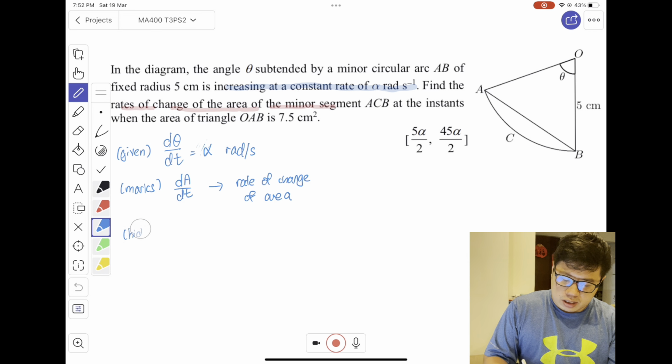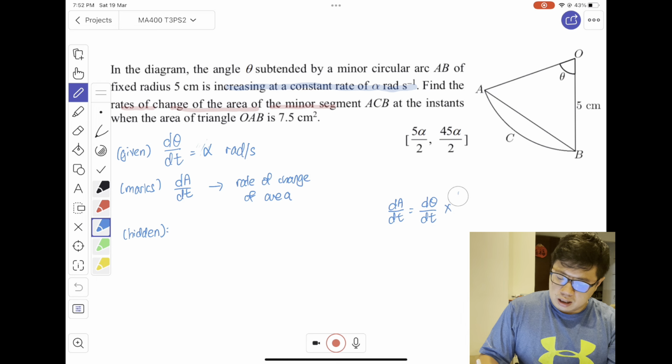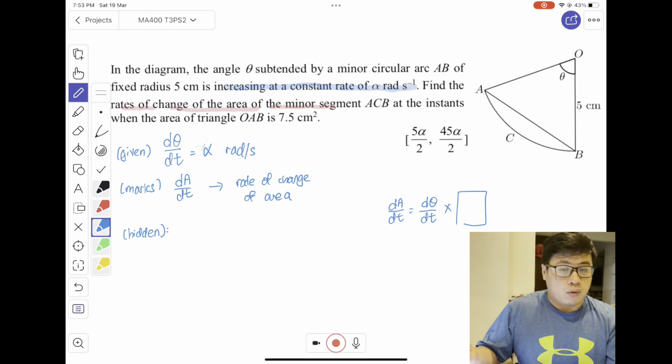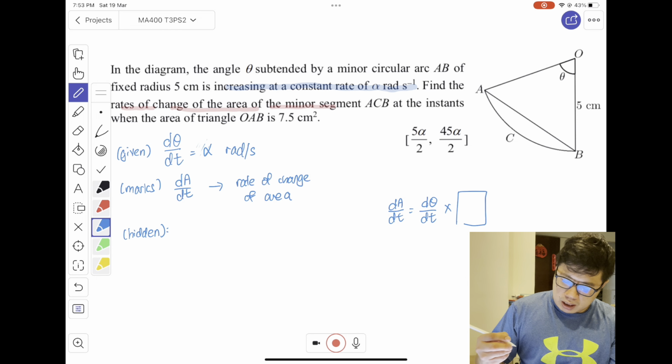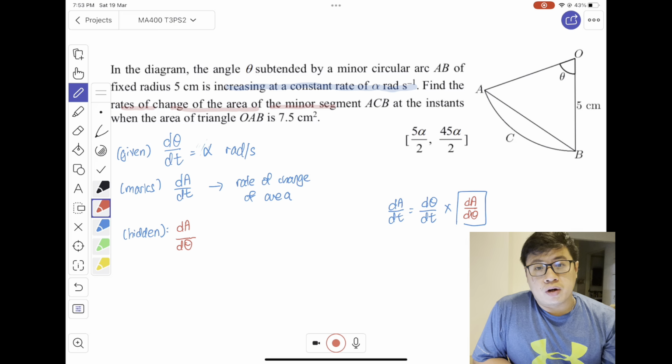Looking at the three derivatives, if we are supposed to find dA dt, and we have d theta dt, the third derivative that we will need is dA d theta, which is hidden over here. So without further ado, we will need to find dA d theta.